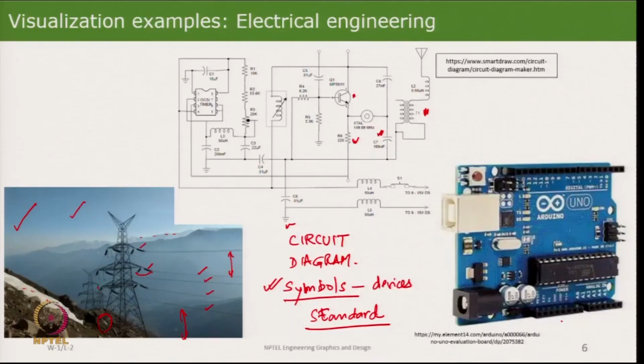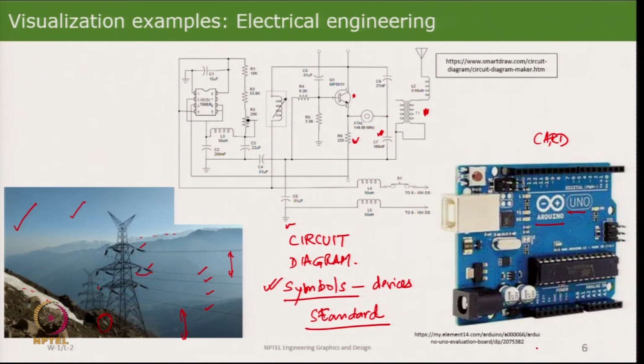The third example here is an electronic card, and you can see here the name of the manufacturer, and this is a very popular card which is used in many electronic activities, also as a good thing for hobby.